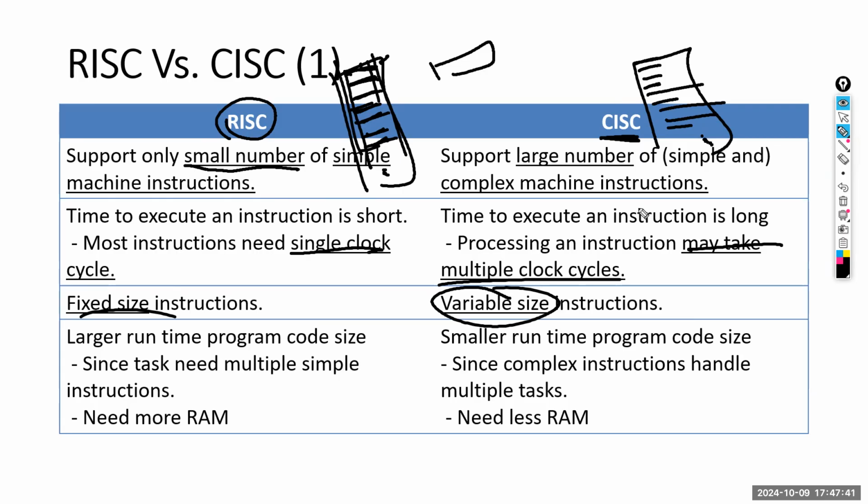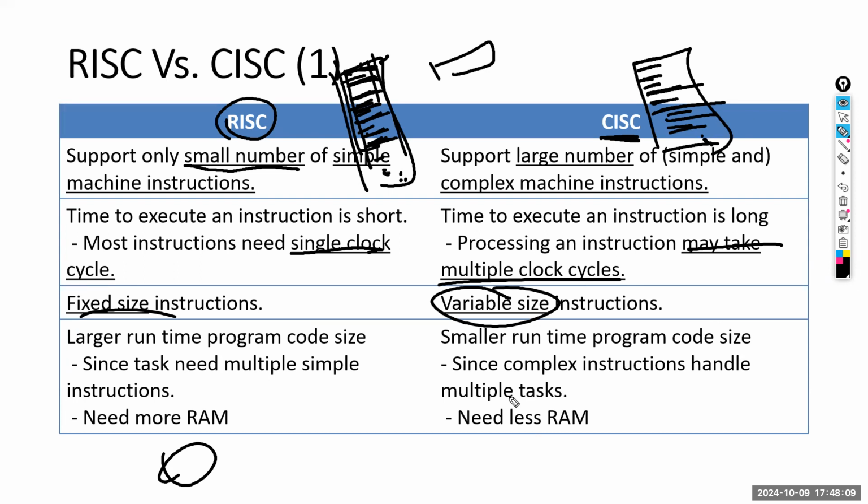The other most important thing is that RISC computers are easy to design and manufacture, because at hardware level they support only a small number of simple instructions. But CISC processors are more difficult to design and develop, so they are more expensive. RISC computers are cheaper because they are easy to design and manufacture.